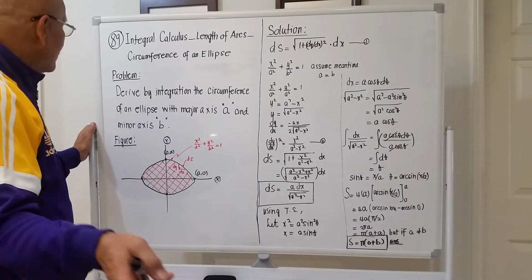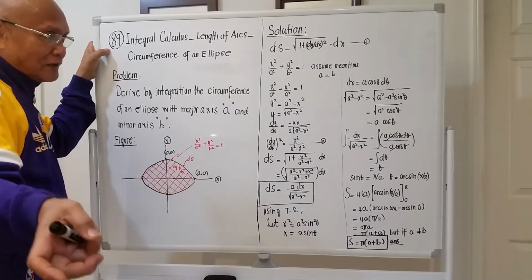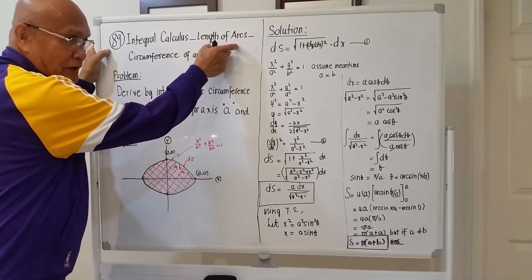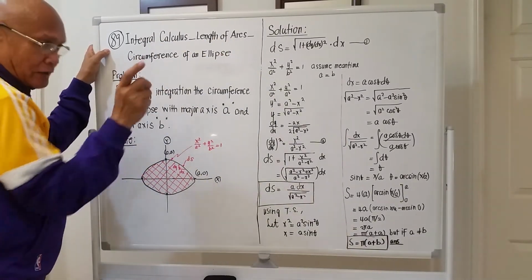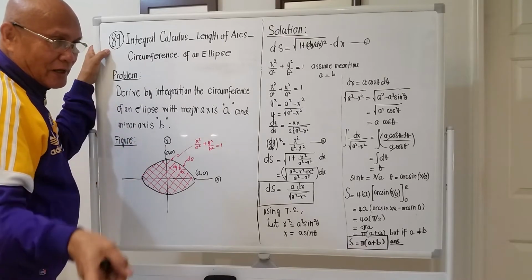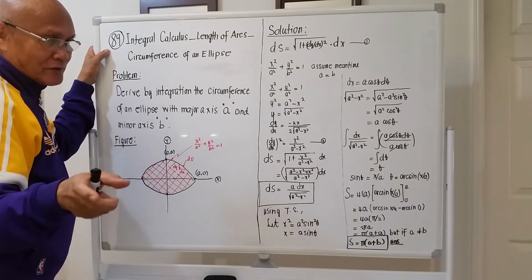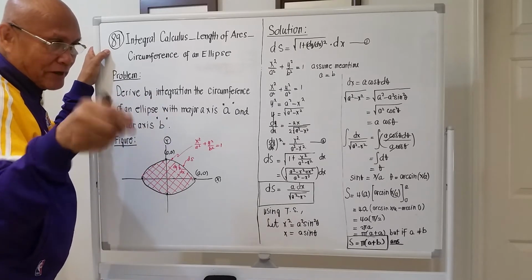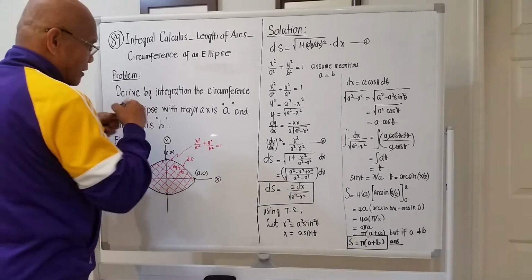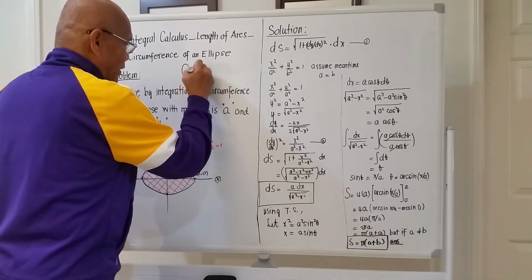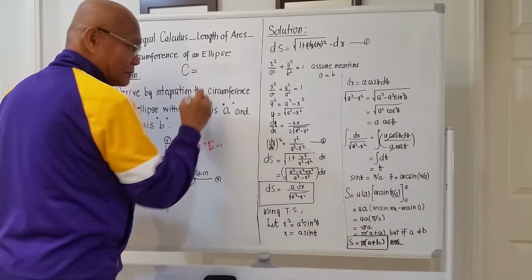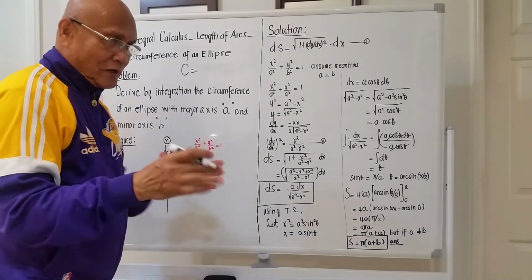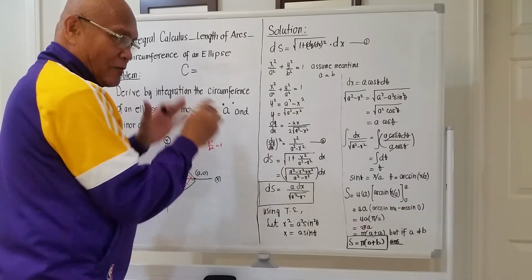I am now on lesson number 89 on my channel under the topic integral calculus, subtopic length of arcs. This afternoon, I will derive the circumference of an ellipse as a function of the major axis and minor axis. Actually, for an ellipse, it's not a circle, but a circle is a special case of it, so I will just say circumference or perimeter.